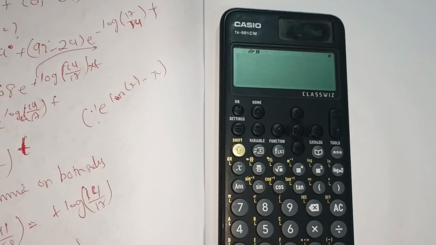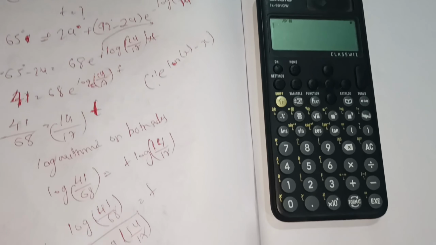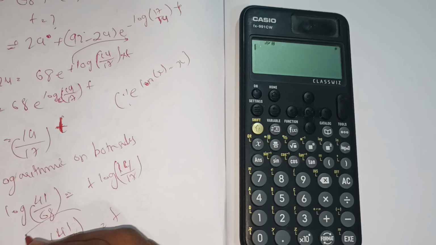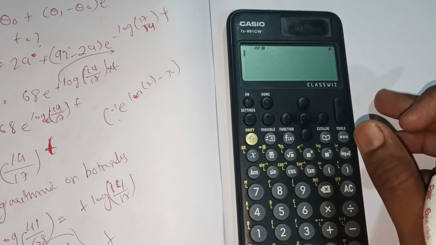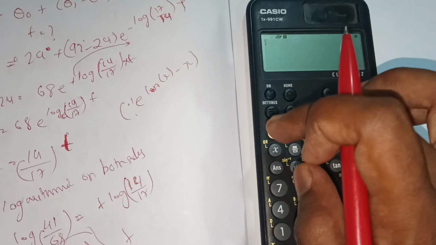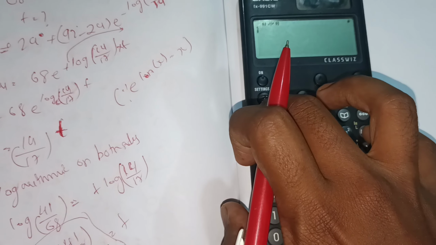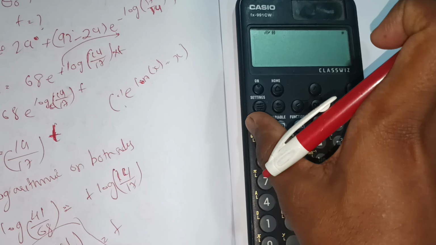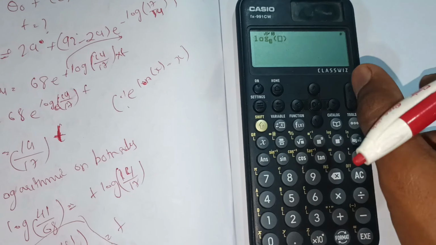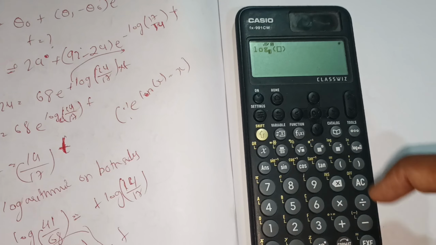What is left is just calculating the time t in the calculator. I am using this calculator FX991CW. Here you should do shift plus log. So here it will be log to the base e.